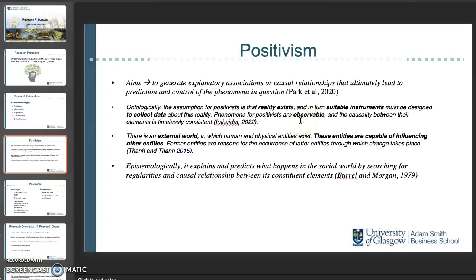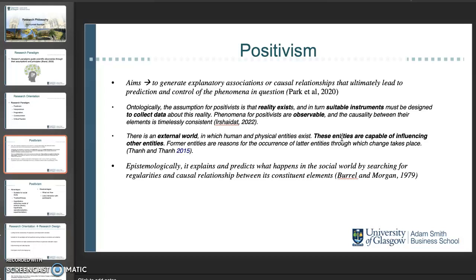Phenomena for positivists are observable and causality between their elements is timelessly consistent. Also, in the general external world in which human and physical entities exist, these entities are capable of influencing other entities. So there is a relationship to each other, affecting and influencing each other, and there is a phenomenon and reality that needs to be tested, and it is consistent timelessly.